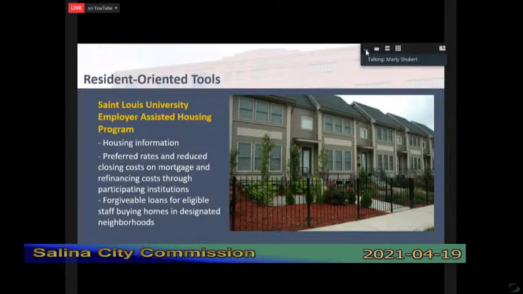So they provide information on housing, but they've gotten a lot of stuff built, and their incentives have been better interest rates and reduced closing costs on mortgages. They've worked with financial institutions on refinancing, and they give forgivable loans to staff buying homes, like this townhouse project in their surrounding neighborhood.